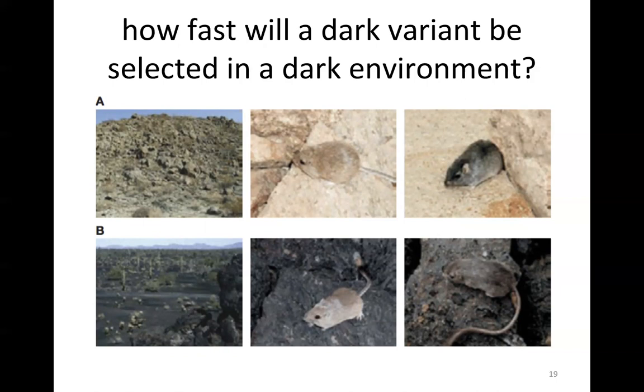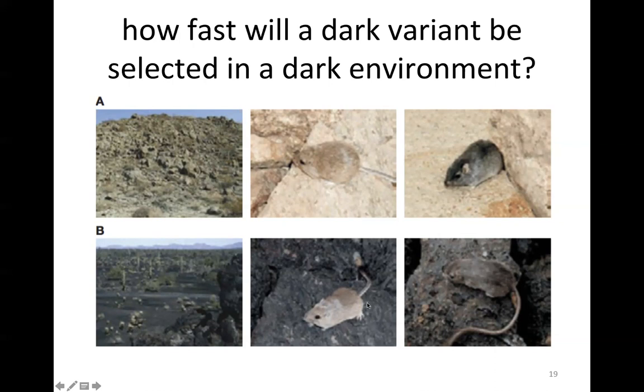And you might remember this case, selection on mouse coat color. Normally mice are living in a light desert environment in Arizona, Nevada, someplace like that. Then, due to lava flow in the past, there's some part of the desert where the soil is black, and a dark coat color type has colonized that area.